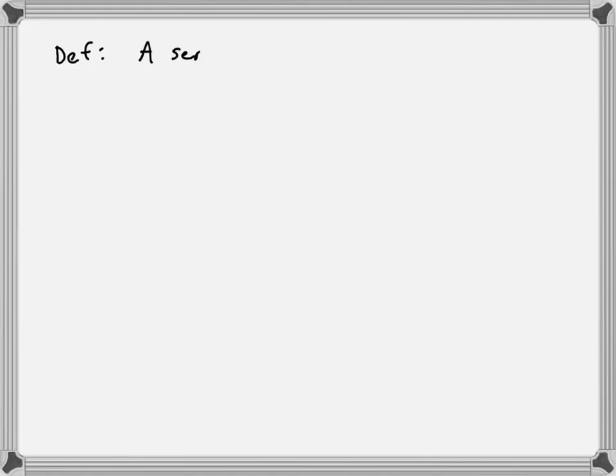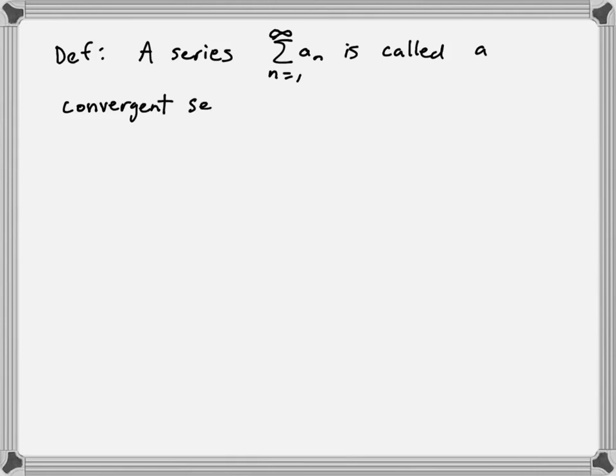A series is called a convergent series if the limit as n goes to infinity of S_n exists.